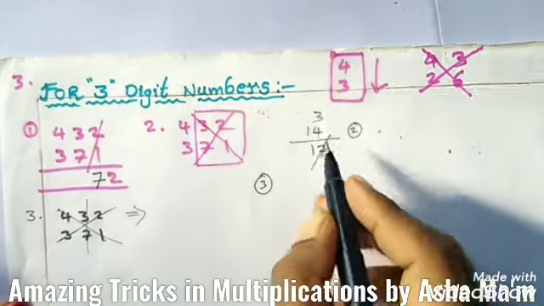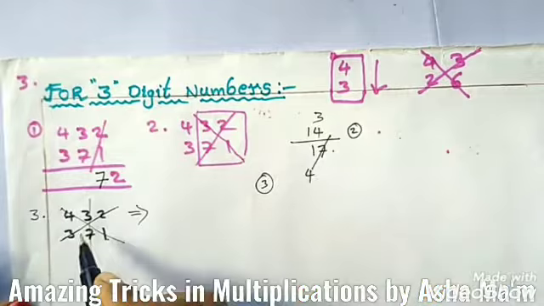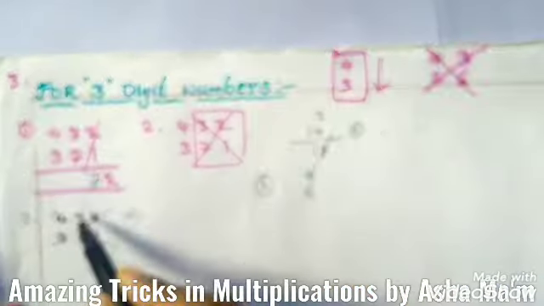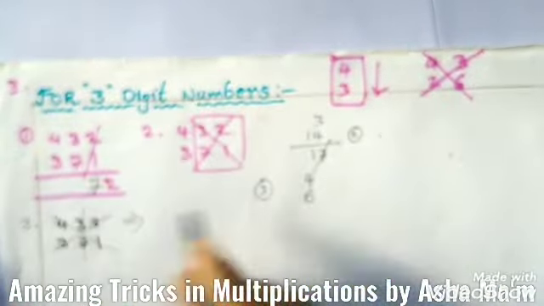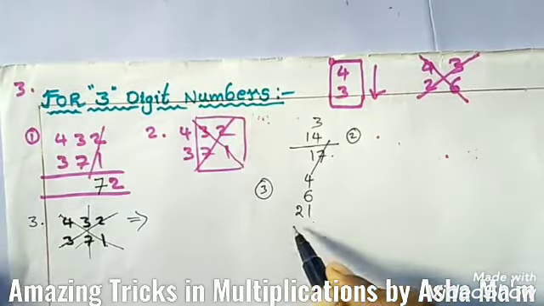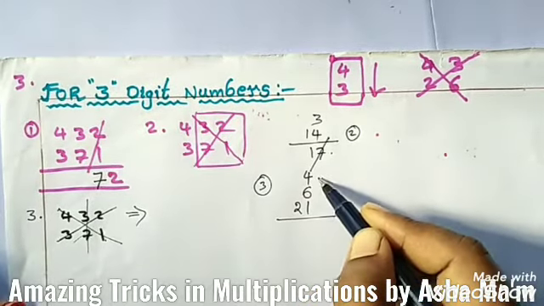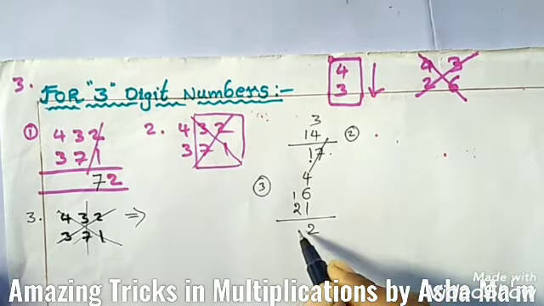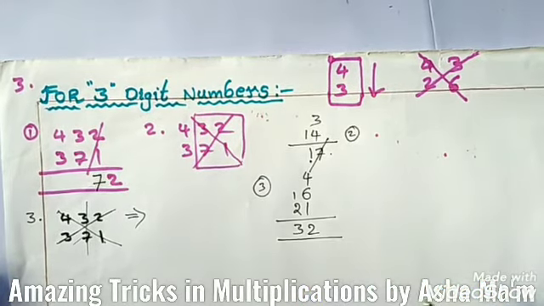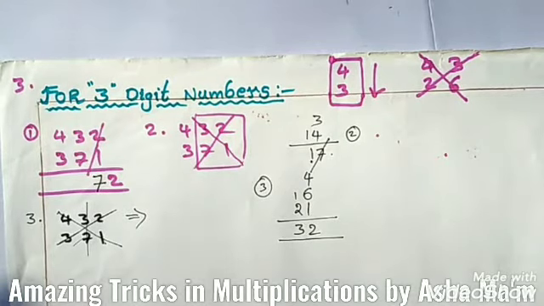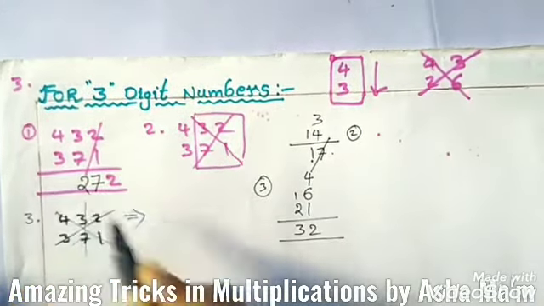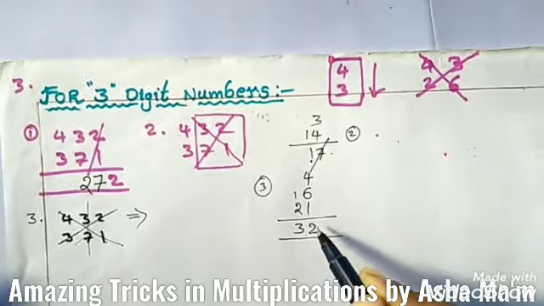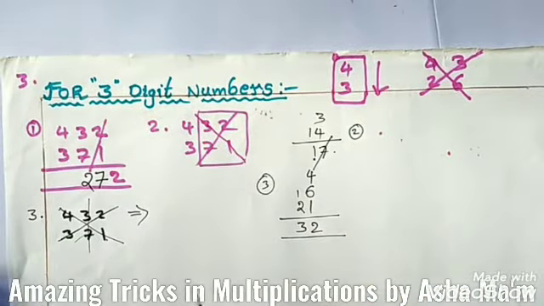Here 4 1s 4, 3 2s 6, 3 7s 21. 6 plus 4 10, 10 plus 1 11, 11 plus 1 12. Here is 1, 32. Okay, in this 32 you can write here 2. This 3 is carried forward to the fourth step.